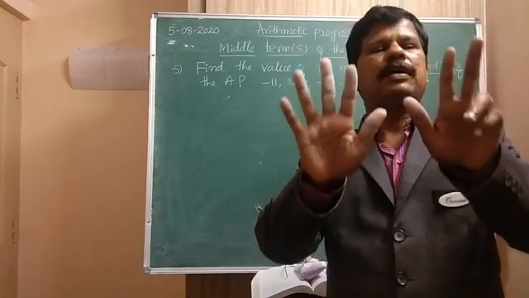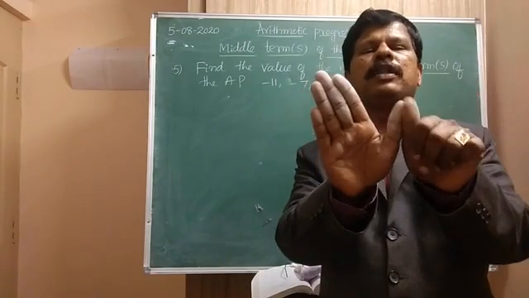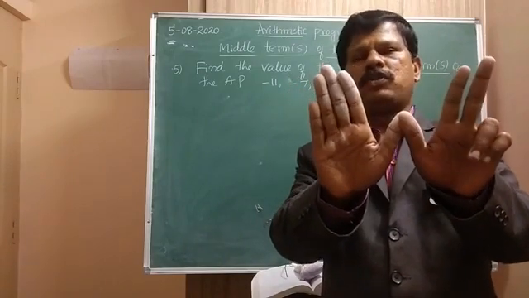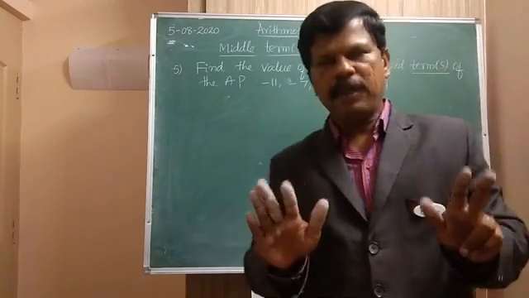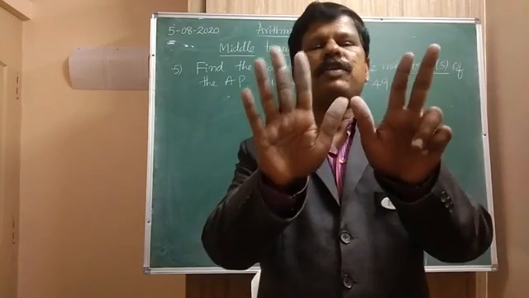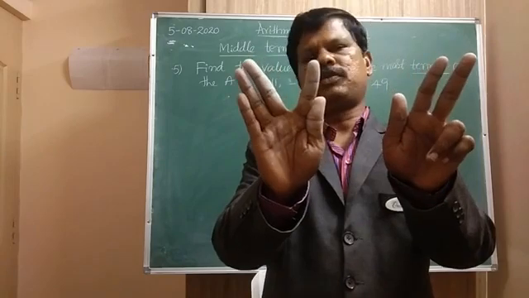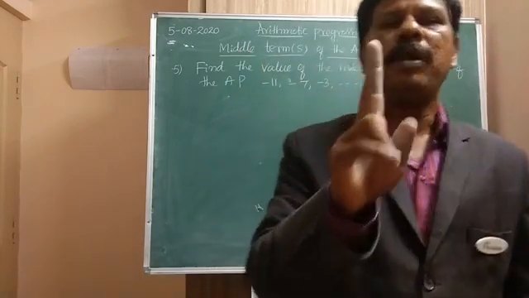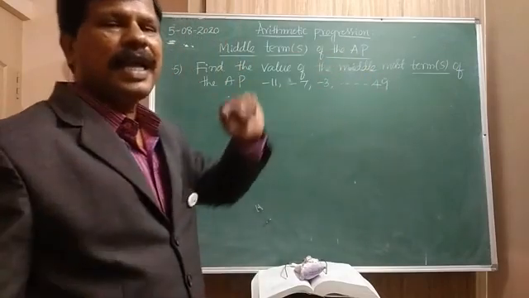If it is 8 terms, then here is 4, here is 4, so there is no single middlemost term. In that case, if the AP consists of an even number of terms, then we should take the two middlemost terms. So they have two middlemost terms. That's why the term is within brackets.